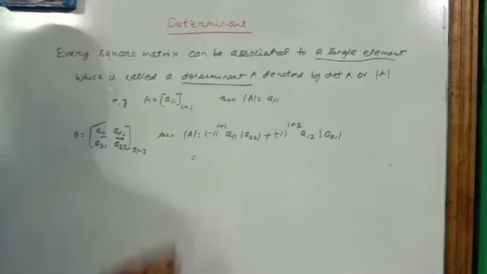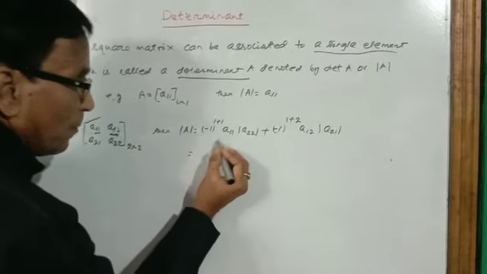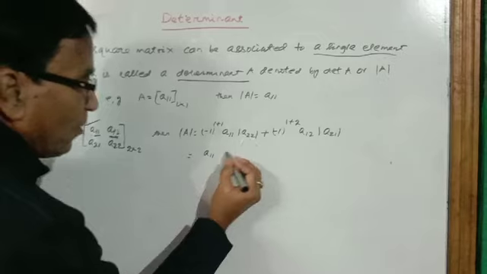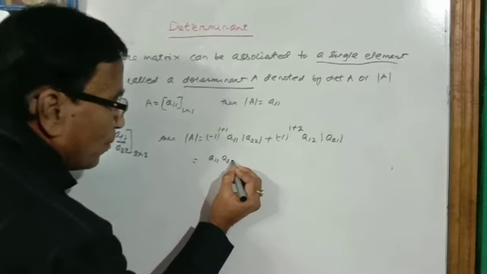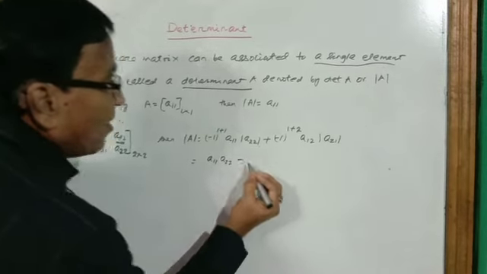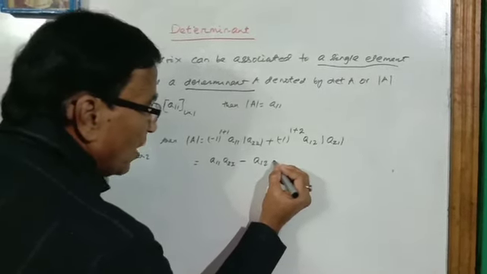So it is (-1) whole square, that means it is +1. A11, determinant of A22 is simply A22, (-1) whole to the power 1 plus 2, that is minus A12 into A21.